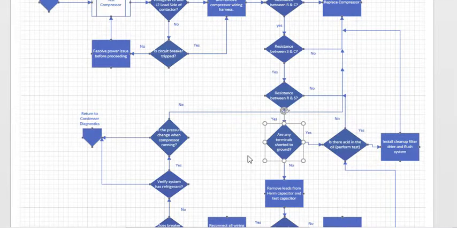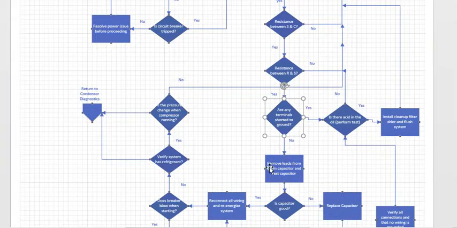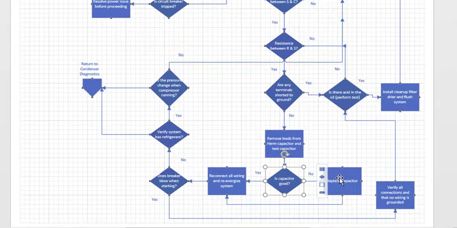So we've now tested our windings, and we've checked for acid. If we don't have a shorted to ground winding, you're going to remove the leads from the HERM terminal on the capacitor. I suggest removing the leads from all the terminals on the capacitor, and you're going to test the capacitor. Is the capacitor good? The tolerance is usually between 5 and 10%. Look at the label, and if it's outside of the variance, replace the capacitor.